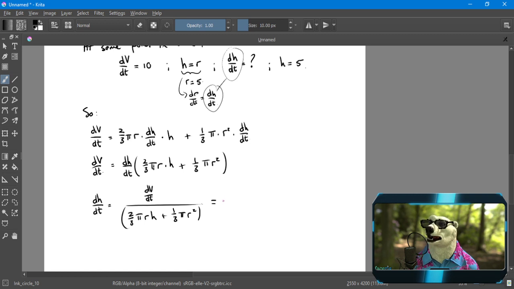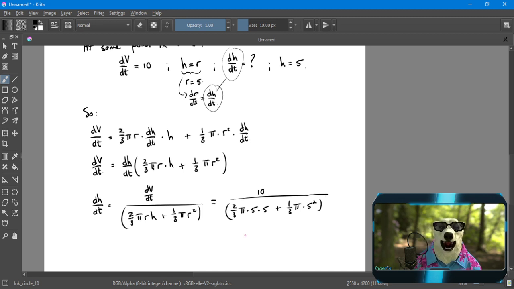We had dV/dt is 10, so 10 over 2/3 times pi times r is 5, h is also 5, plus 1/3 pi r squared, where r squared is 5 squared, or 25, and that should give me my answer. So let's take out whatever calculator you may have and see what the answer is.